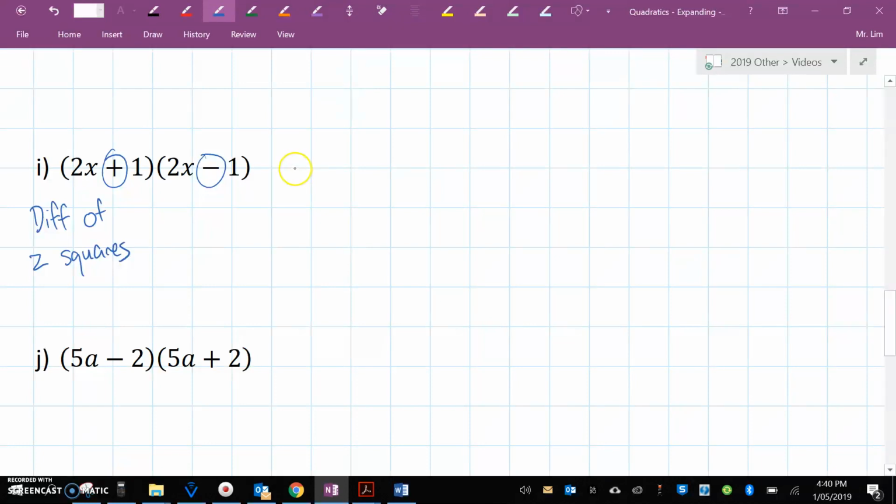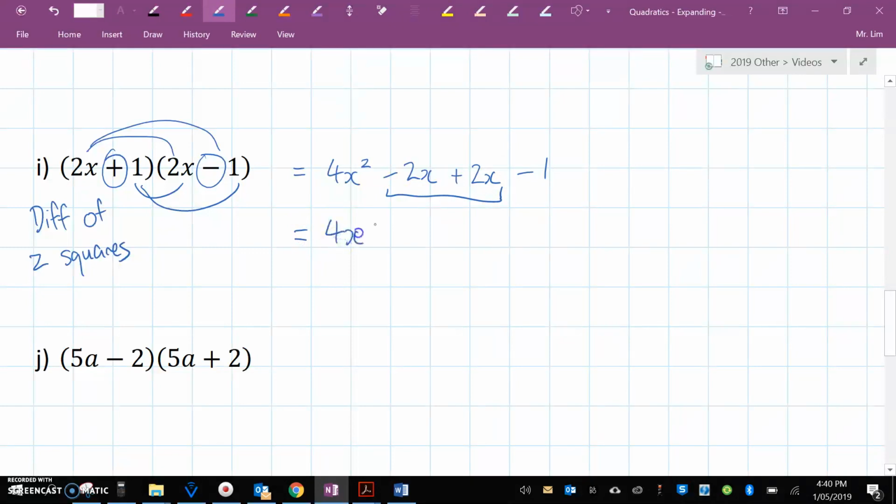If we use the FOIL method, 2x times 2x is 4x squared. 2x times minus 1 is minus 2x. 1 times 2x is 2x. 1 times minus 1 is minus 1. When we collect our like terms, they cancel each other out. Minus 2x plus 2x is 0. That leaves us with 4x squared minus 1.